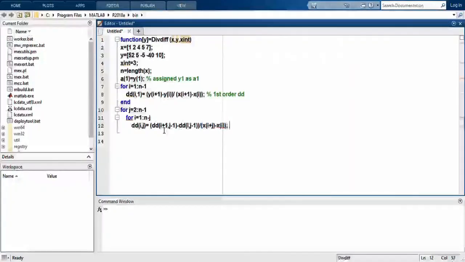So this step calculates the higher order divided differences.